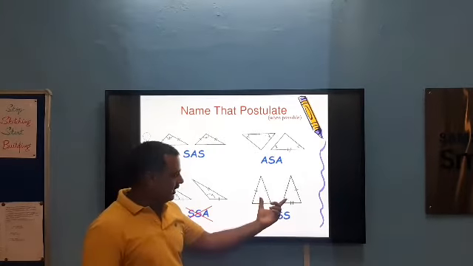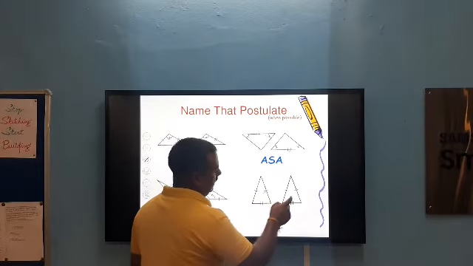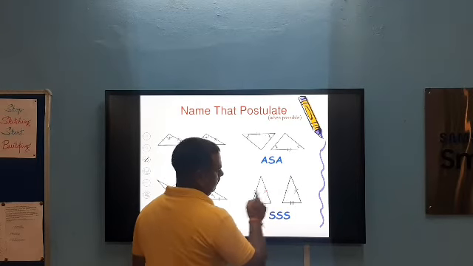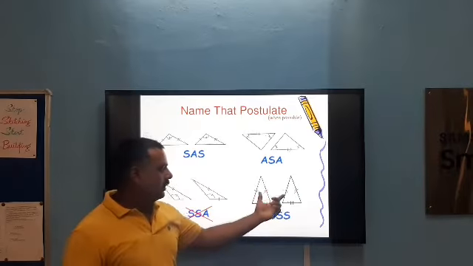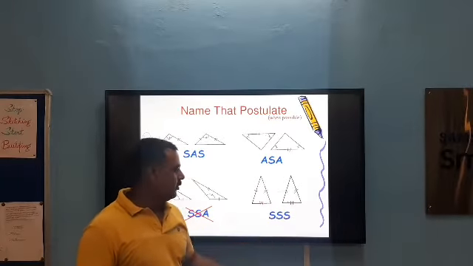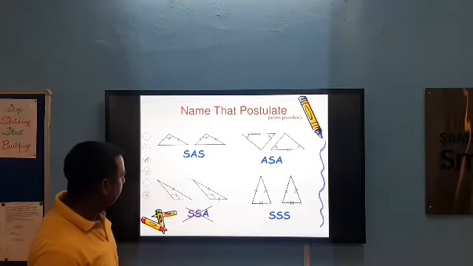Now in this diagram, this side is equal, all three sides are equal to one another, so the criteria is SSS, side, side, side.